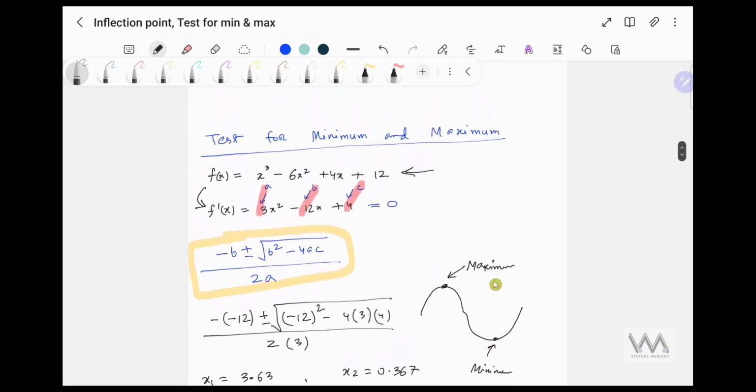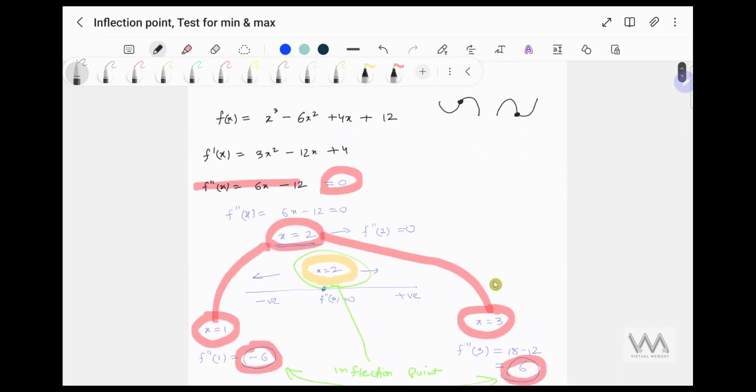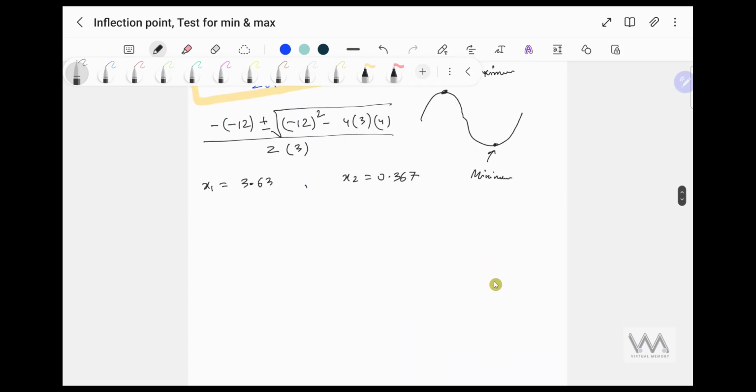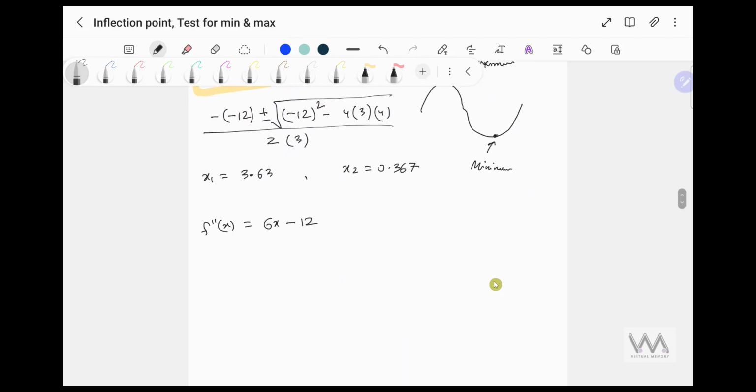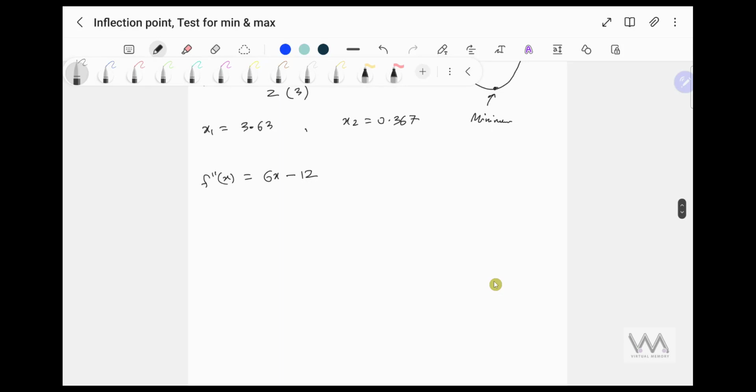So the second derivative is right here. We have 6x minus 12. Second derivative of x is 6x minus 12. Now let's find the value of the second derivative for x1 and x2.